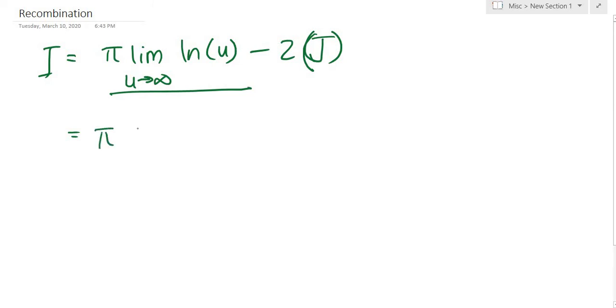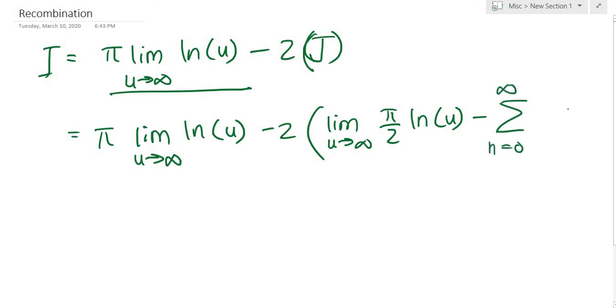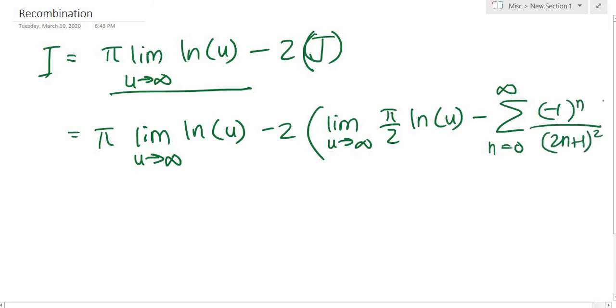Let's directly substitute j. So we have the limit as u went to infinity of pi over 2 times the natural log of u minus the sum from n equals 0 to infinity of negative 1 to the n over 2n plus 1 entire thing squared.